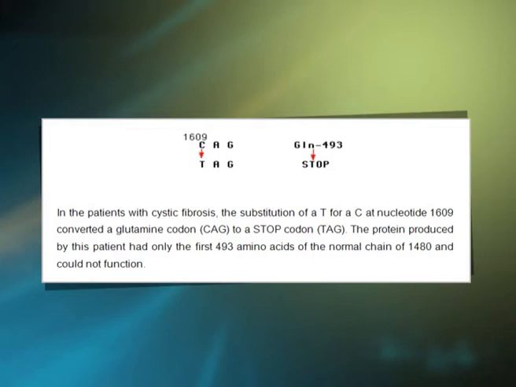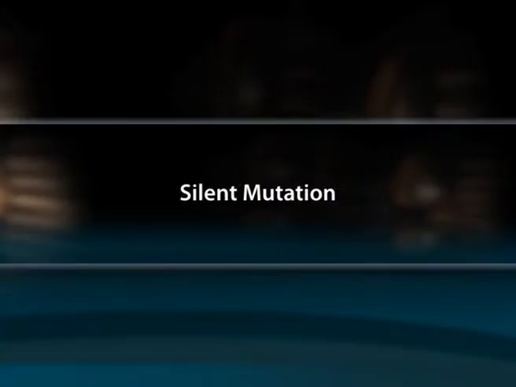In the patients with cystic fibrosis, the substitution of a T for a C at nucleotide 1609 converted a glutamine codon, that is CAG, to a stop codon TAG. The protein produced by this patient had only the first 493 amino acids of the normal chain of 1480 and could not function.